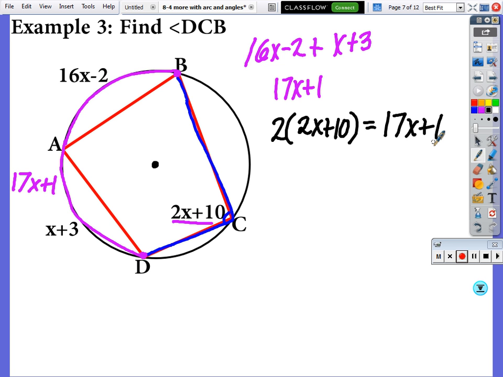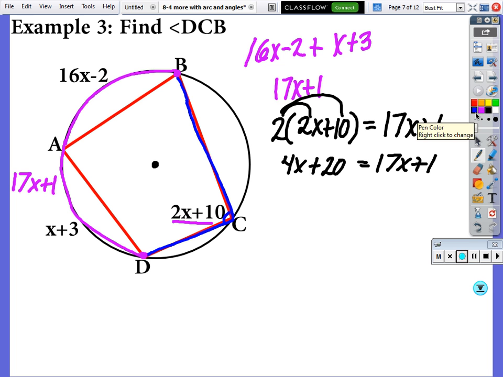Okay, so now solve for x piece by piece. 2 times 2x is 4x, 2 times 10 is 20, so we have 4x plus 20 is equal to 17x plus 1. I'm going to subtract 4x from both sides, so that leaves me with 20 is equal to 13x plus 1.